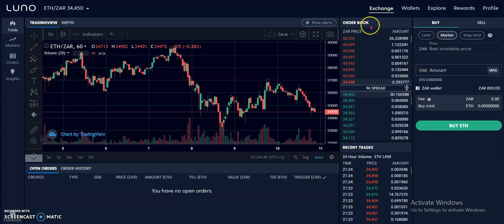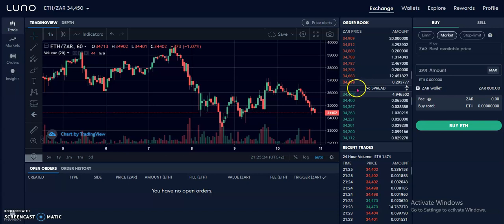This is our order book, where we've got, in red, the sellers waiting to sell Ethereum to us. These are the different prices they want us to buy for. At the moment, in the marketplace, 34,498 is the cheapest we can pick up for.